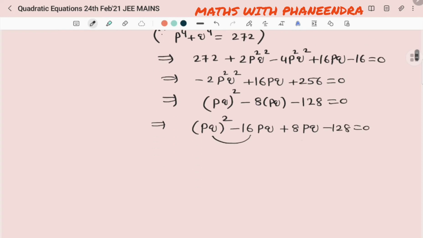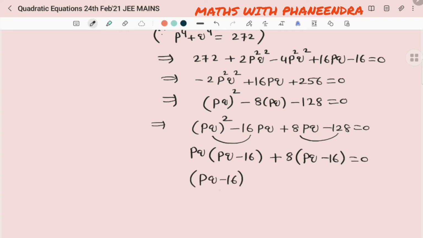From these two, PQ is common; from these two, 8 is common. PQ into (PQ minus 16) plus 8 into (PQ minus 16) is equal to 0. So (PQ minus 16) into (PQ plus 8) is equal to 0. So PQ is equal to 16 and PQ is equal to minus 8.